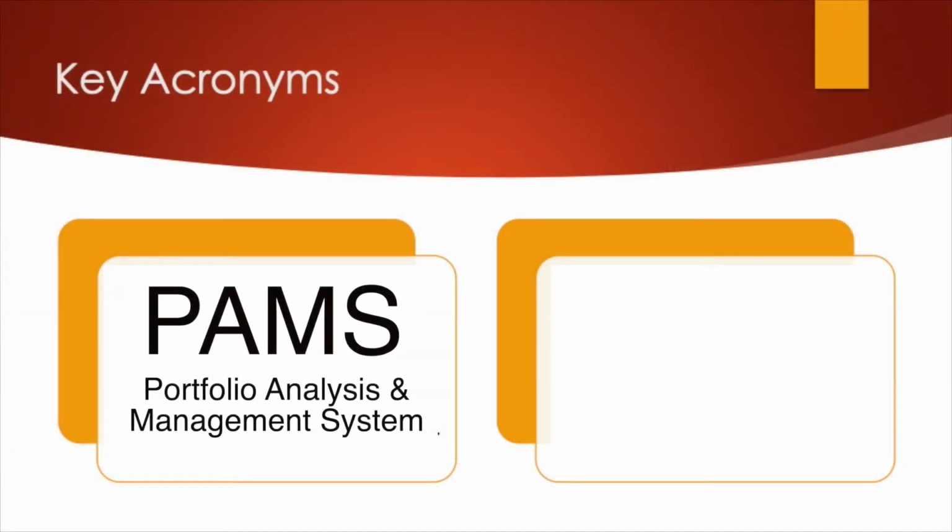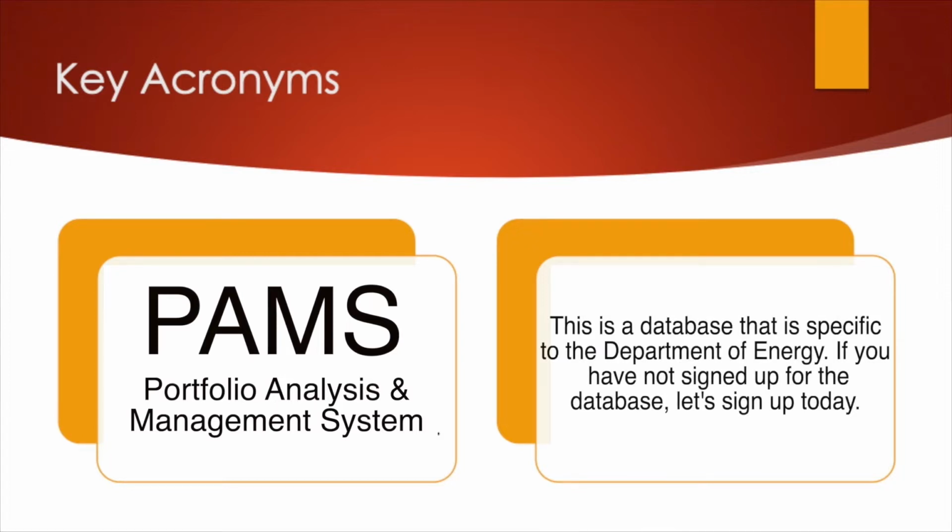First, I am going to go over some key acronyms. These acronyms are not listed in any order, and they are all important. PAMS stands for Portfolio Analysis and Management System. PAMS is the database that is specific to the Department of Energy.